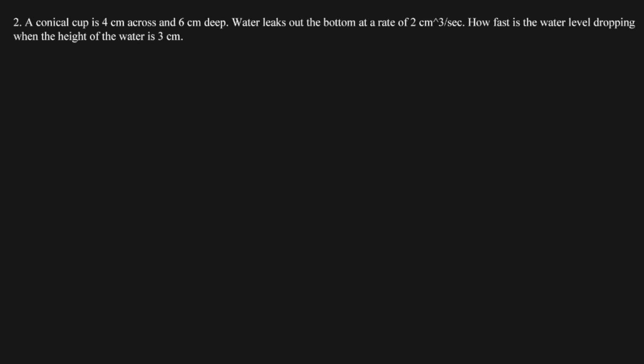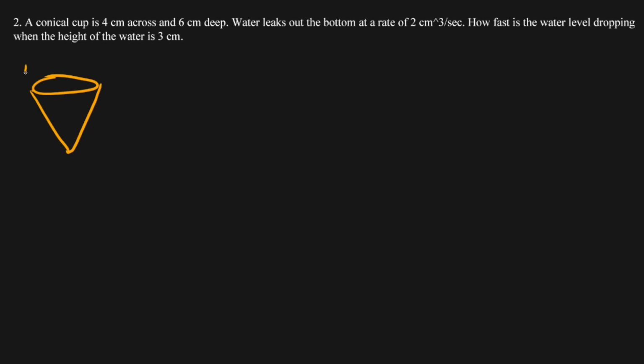For our second problem, we have a conical cup that is 4 centimeters across and 6 centimeters deep, and water leaks out of the bottom at a rate of 2 centimeters cubed per second. How fast is the water level dropping when the height of the water is 3 centimeters? So let's start by drawing our cone cup.